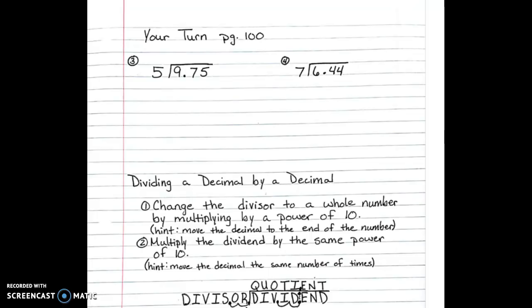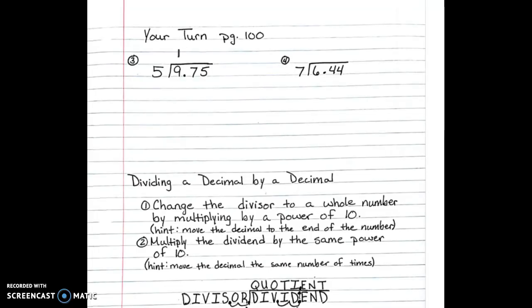All right, so 5 goes into 9 one time. 1 times 5 is 5. If we subtract that, we get 4. Bring down your 7. 5 goes into 47 9 times. 9 times 5 is 45. Subtract that, we get 2.